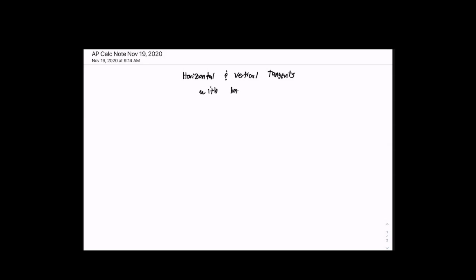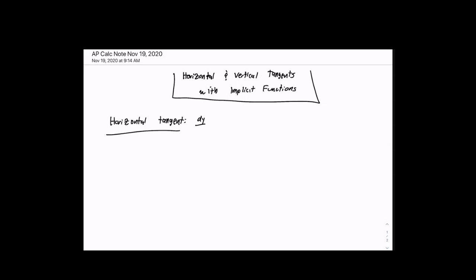With implicit functions. So we kind of already defined this: a horizontal tangent occurs when dy/dx is equal to 0.